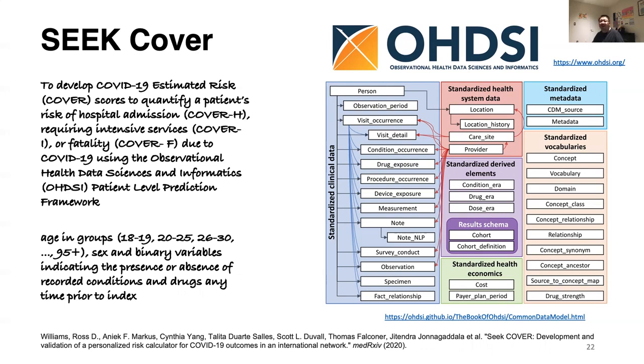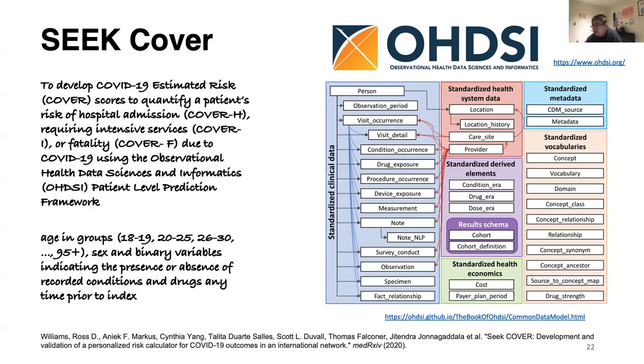And after you map that, they can do unified analysis across all the different participants in the OHDSI network. They have also done a lot of COVID-related studies, and this work is also a risk calculator.